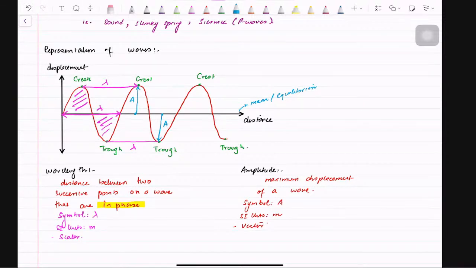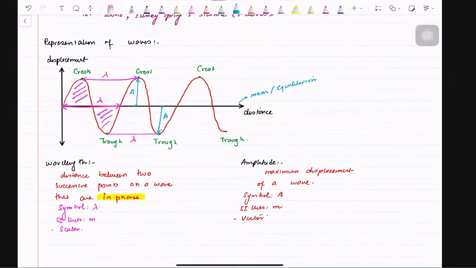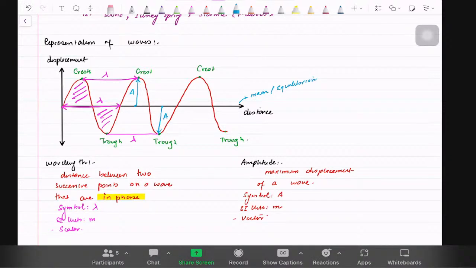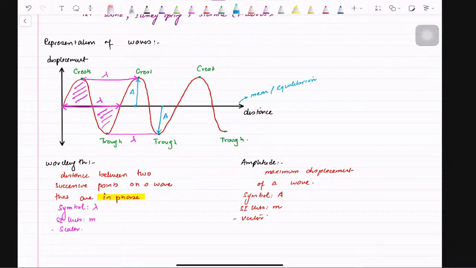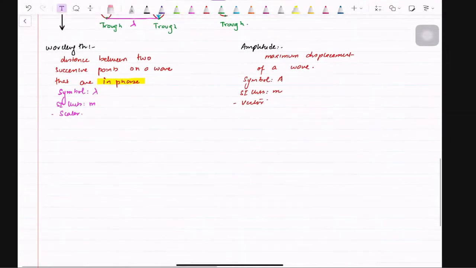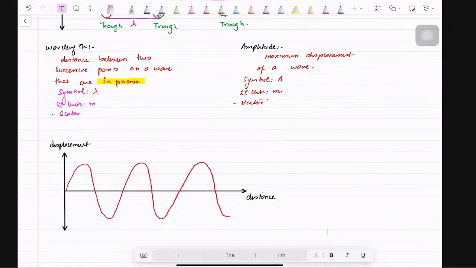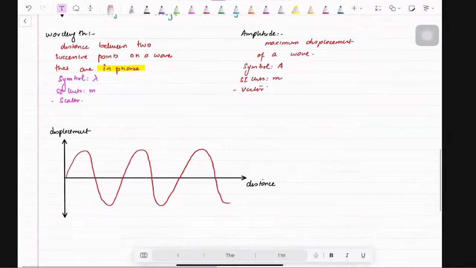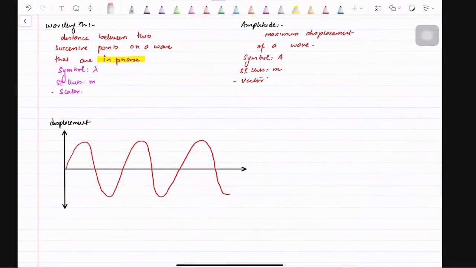All right, now, if you guys have written it, should I go forward now? Yes. Okay. If you plot a wave with respect to time, okay, instead of distance, you have time on this side in seconds or whatever.